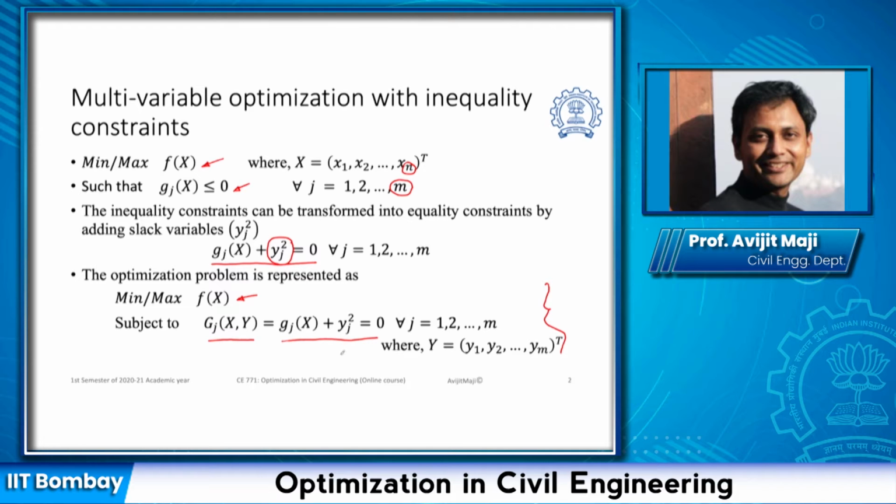As we introduced the slack variable, in this constraint equation we have m number of slack variables.